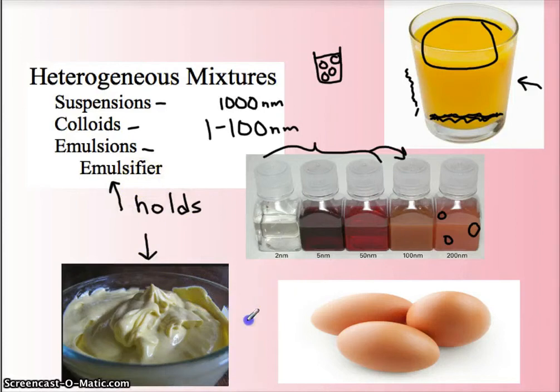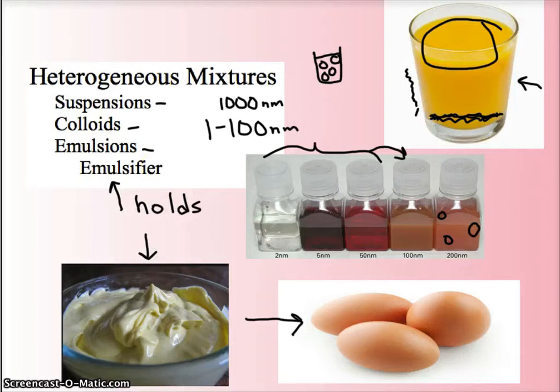The emulsifier in mayonnaise is eggs. The eggs are what keep the other particles together. It's the emulsifier. It holds the emulsion together. Same thing is true for cream. There is a protein in cream that serves the same purpose. It is an emulsifier.